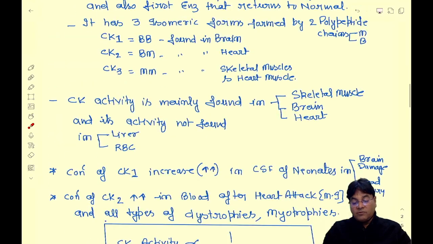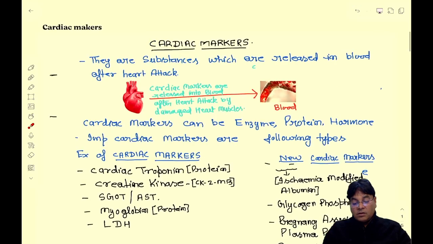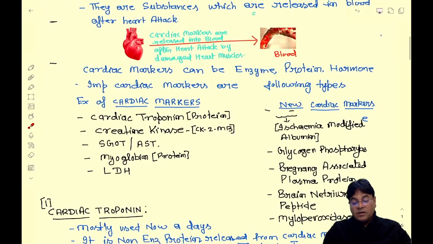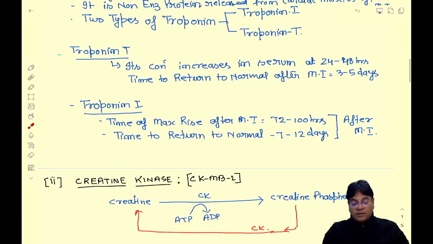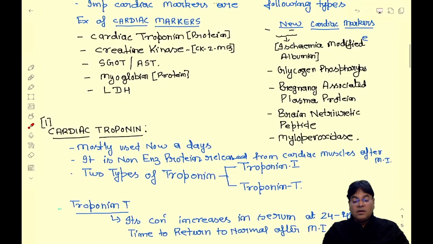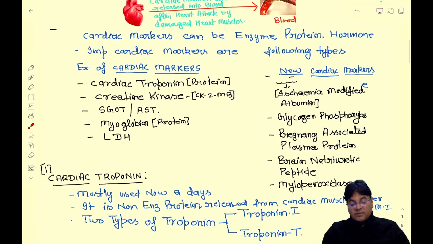So these are the different enzymes. I'm going to discuss once more: cardiac markers are the substances which are released in the blood after the heart attack. Important cardiac markers are cardiac troponins, creatinine kinase, AST or SGOT, myoglobin and LDH. Myoglobin is a protein which is present in the body.